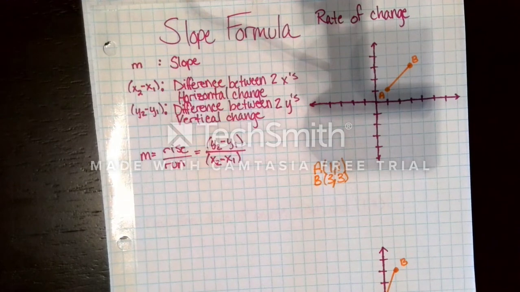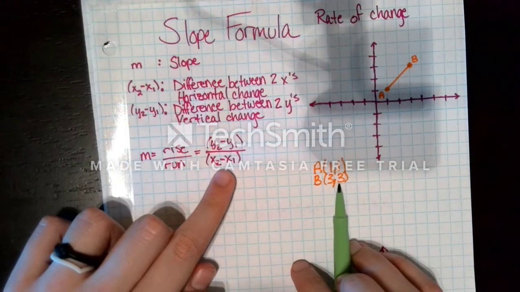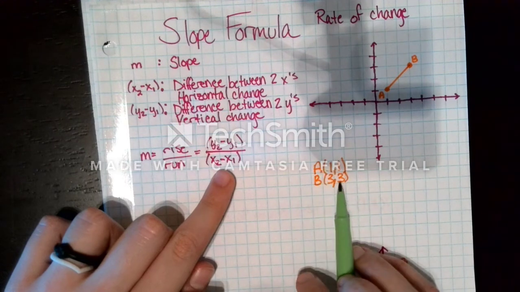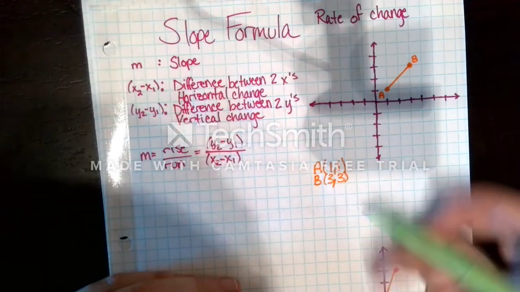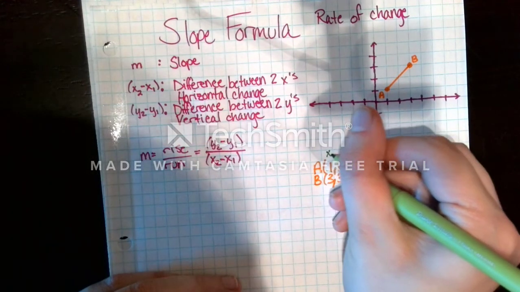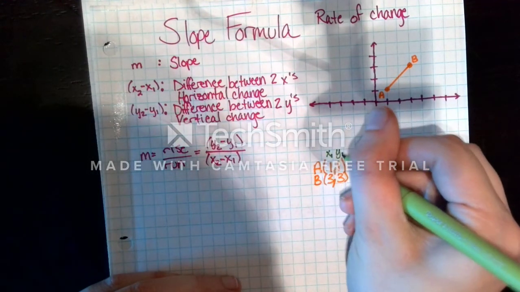Now, a good practice to have here is before we even jump in to plugging into our formula, we should label our points to find out what goes where. So since A is my first point, I'm going to label this my x1 and my y1.